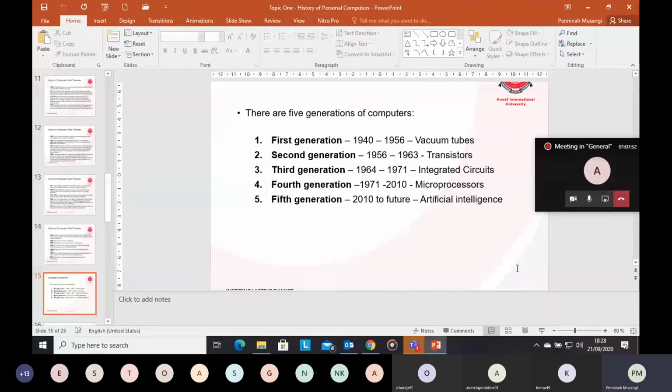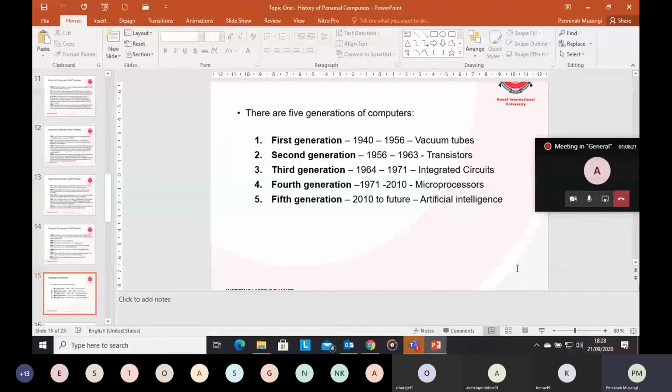So looking at those developments, from the early forms of computer up to where we are, the smartphone technology, a computer being able to work as a phone and a phone being able to work as a computer, we want to group these forms of computer into generations, and they can be grouped into 5 generations.